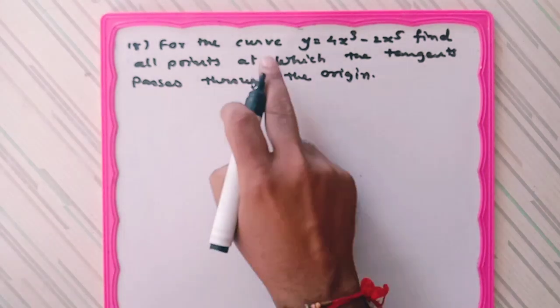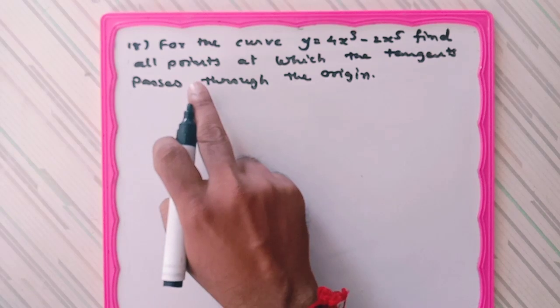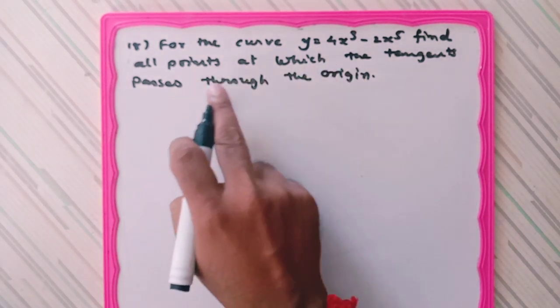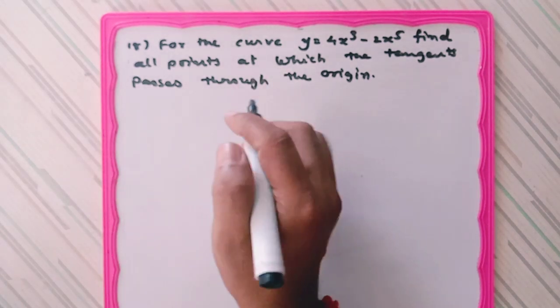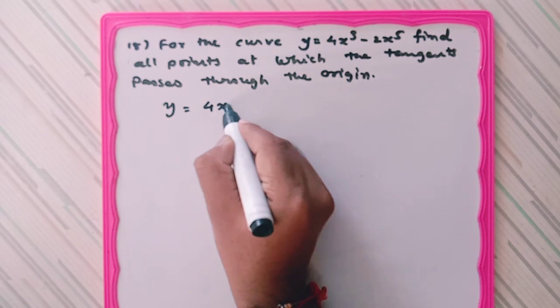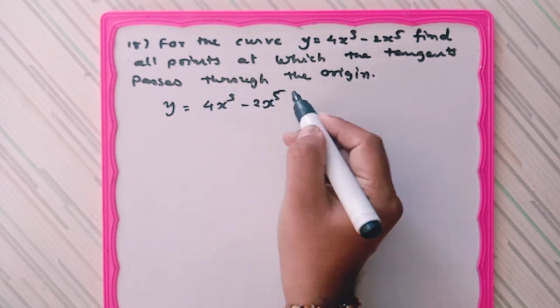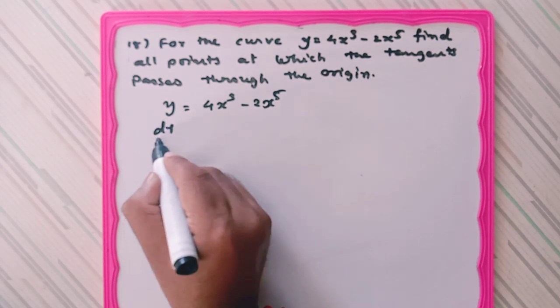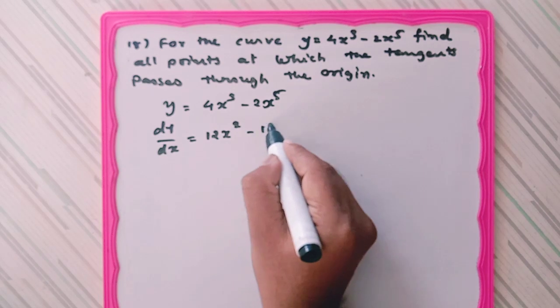Now for the curve y equals 4x cube minus 2x raised to 5, find all the points at which the tangent passes through the origin. And so we have the equation y equals 4x cube minus 2x raised to 5. So we differentiate with respect to x, and dy by dx equals 12x square minus 10x raised to 4.